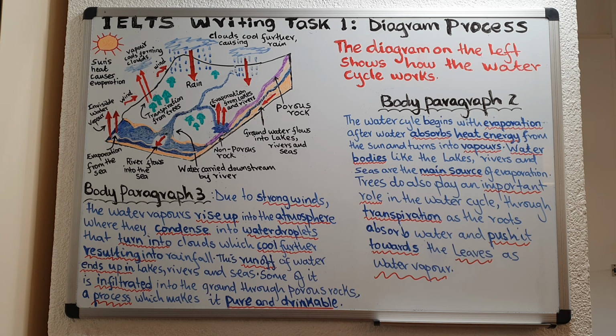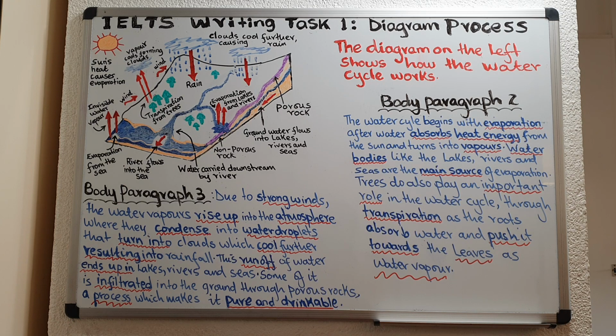As you can see in our diagram, we're told groundwater flows into lakes, rivers, and seas. Okay, so this runoff of water, which is rain that has fallen on the ground, it ends up in lakes, rivers, and seas. So we have nailed the second step. Now we move on to the next step.